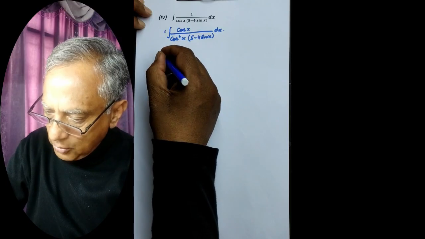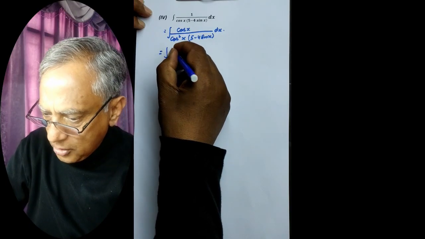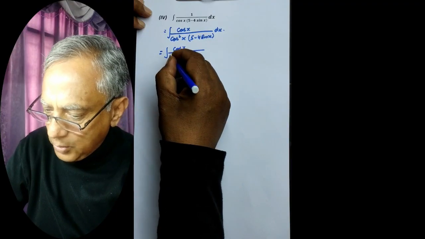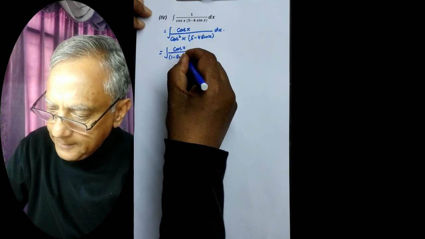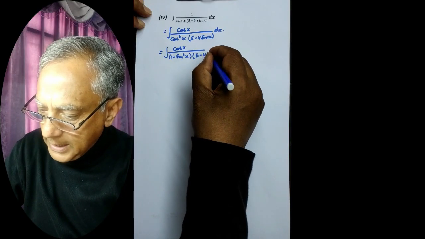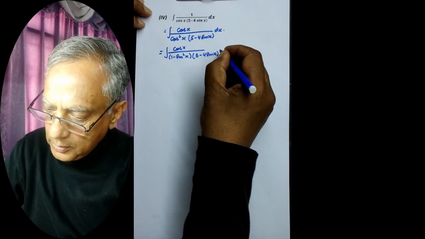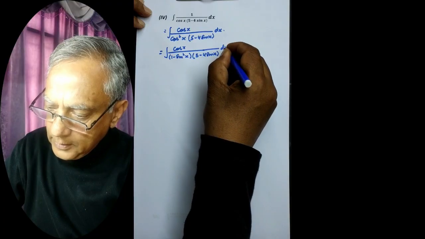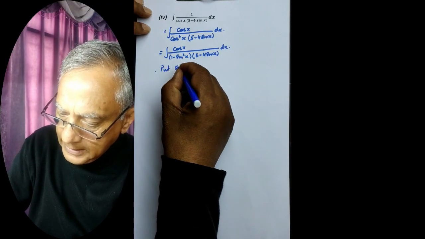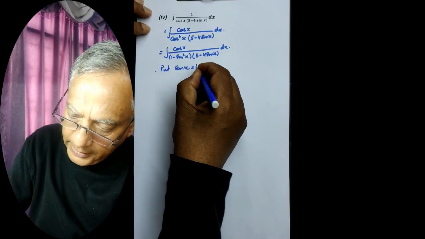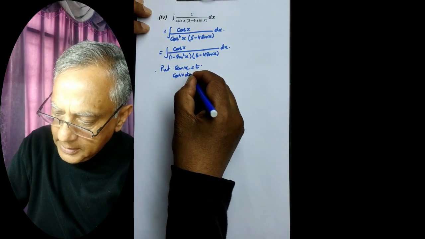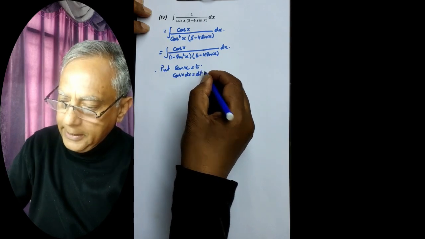So this is equal to integral cos x over 1 minus sin square x into 5 minus 4 sin x dx. We will put sin x equal to t. Then cos x dx is equal to dt.